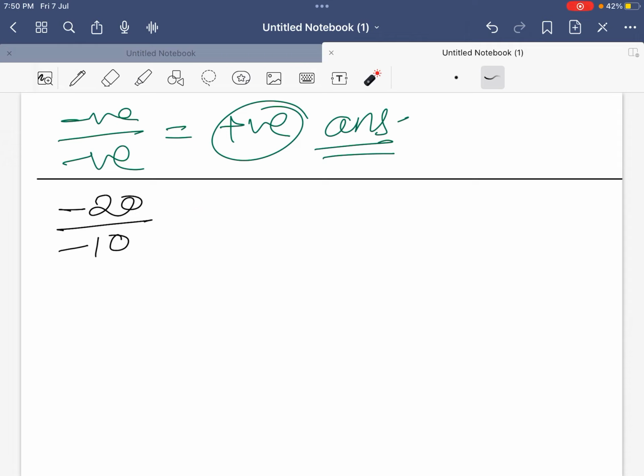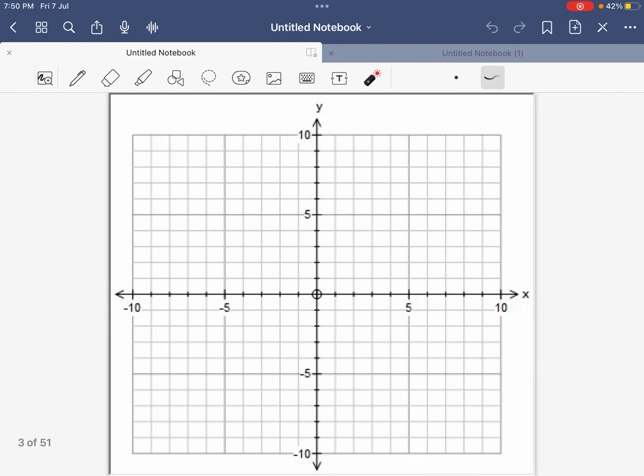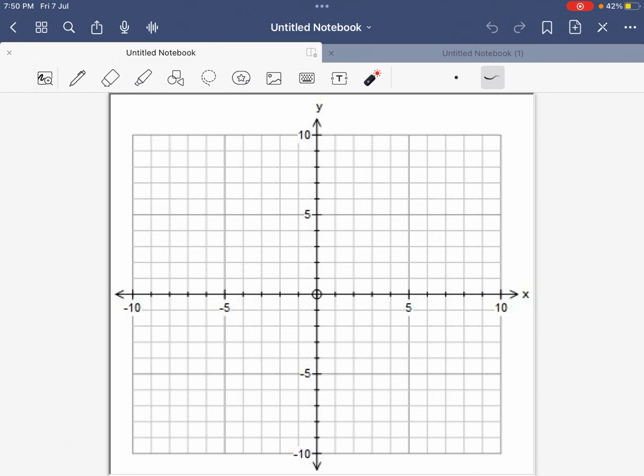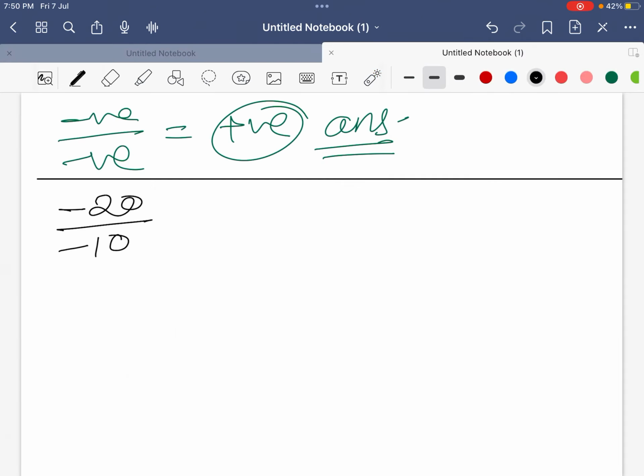In numerator and denominator, minus divided by minus, obviously we know that the minuses will cancel with each other, and we get 20 upon 10.